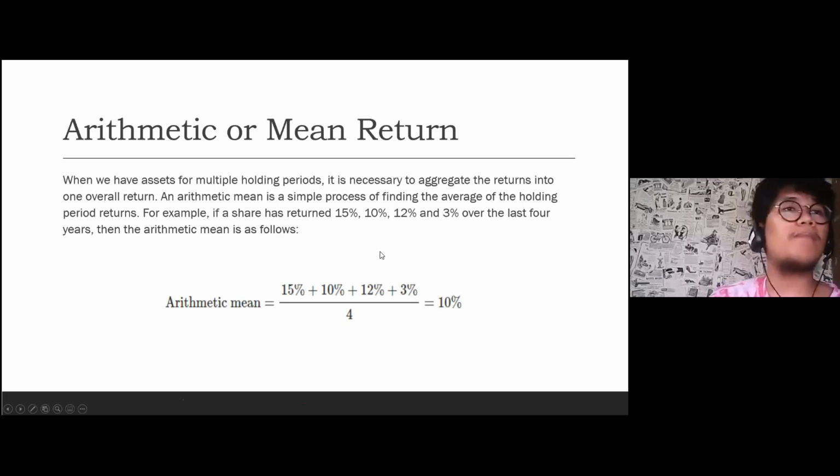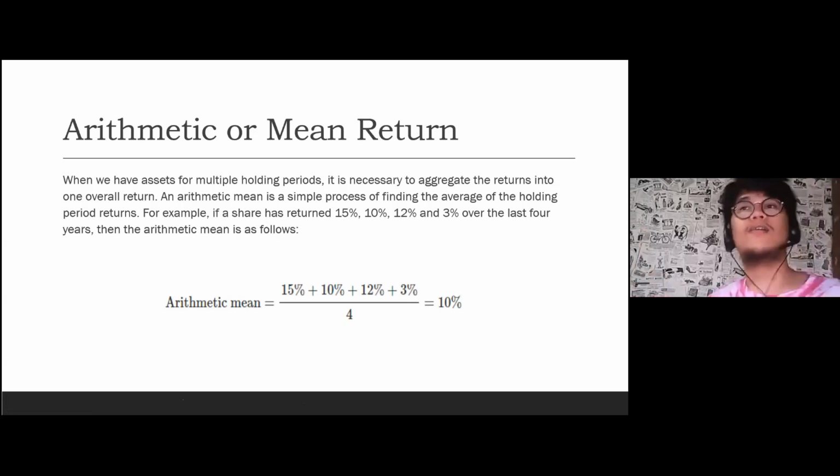So if your base year obtains a 15% return versus your arithmetic mean of 10%, this means that the company exceeded the average over the last 4 years, which means that the company is performing well.